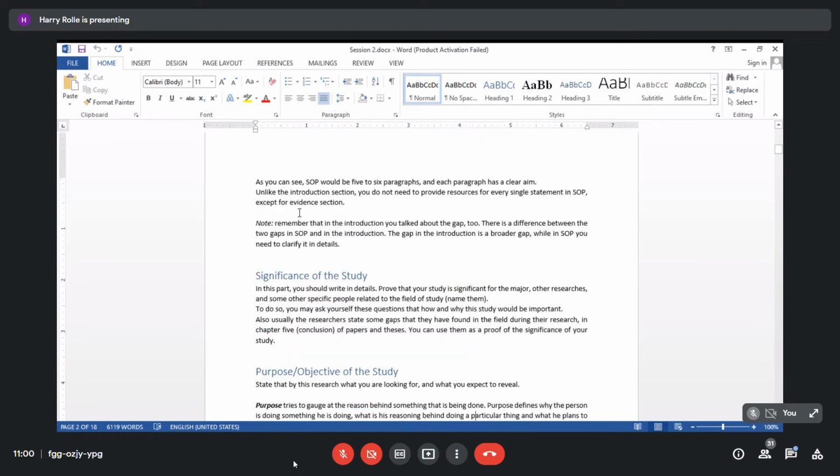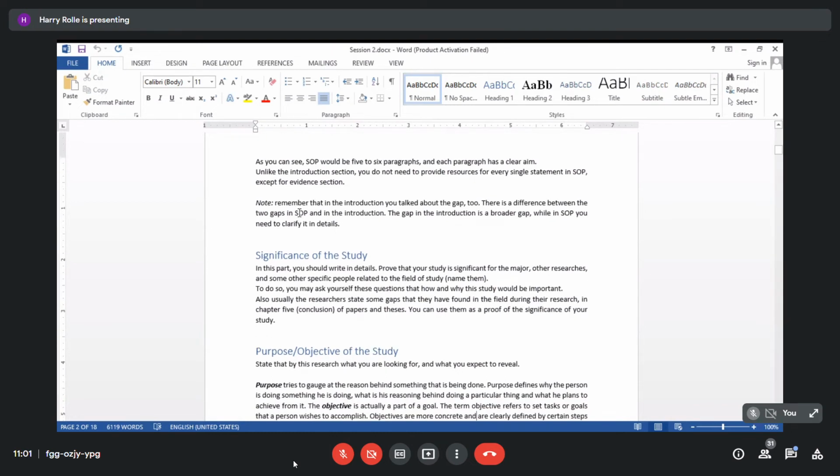So, meron tayong note dito. Remember that in the introduction, you talk about the gaps too. There is a difference between the gaps in SOP and the introduction. The gap in the introduction is a broader gap, while in the SOP, you need to clarify it in detail. So dun sa statement of the problem, mas specified yung gaps na hinihingi mo. For example, we are talking about the difference in the opinion of a male and a female about homosexuality.